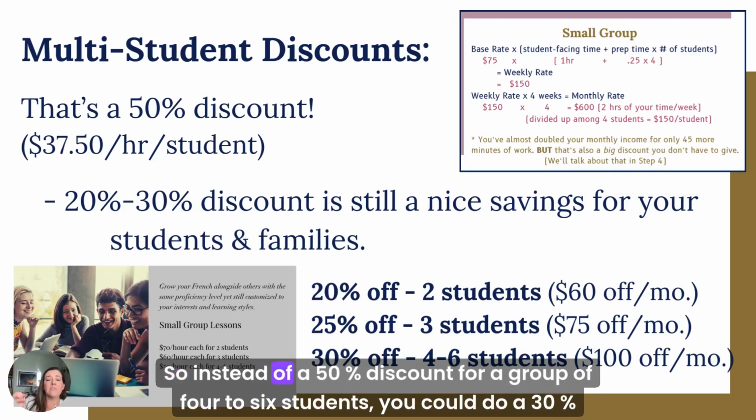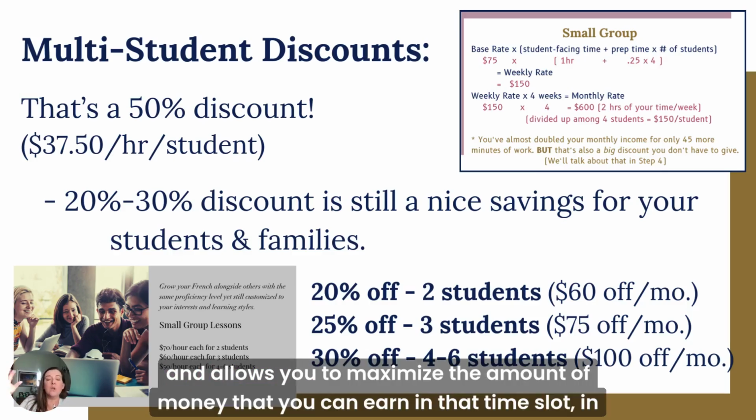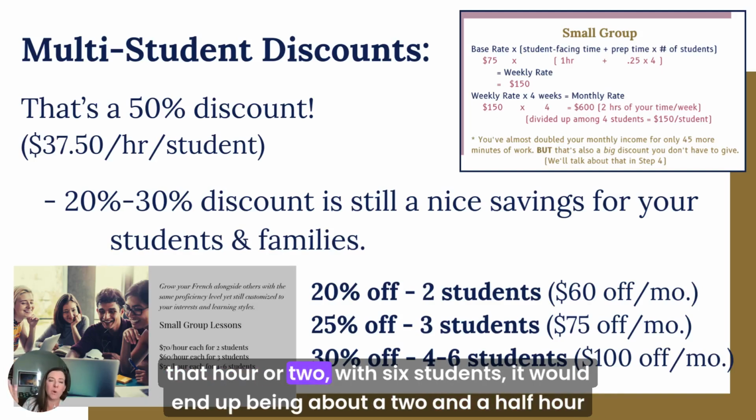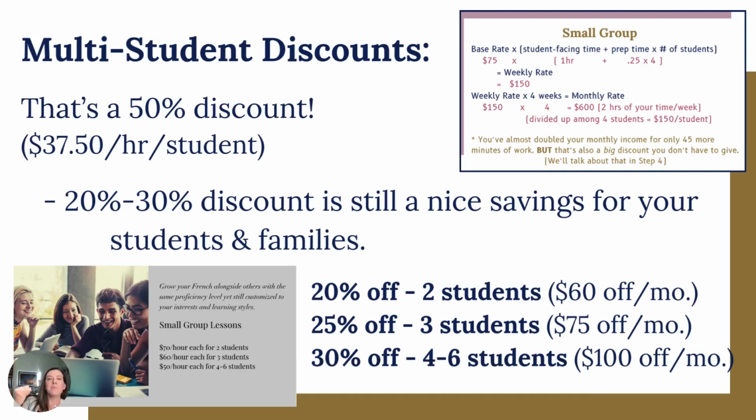So instead of a 50% discount for a group of 4 to 6 students, you could do a 30% discount, and that still gives them a pretty nice savings of $100 off a month per person, and allows you to maximize the amount of money that you can earn in that time slot, in that hour or two, or with 6 students, it would end up being about a 2.5-hour commitment for you for 1 hour a week.